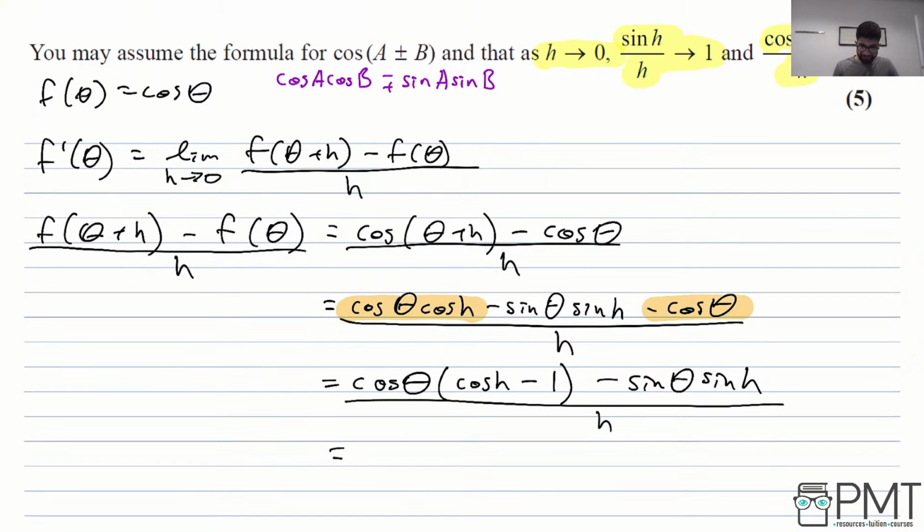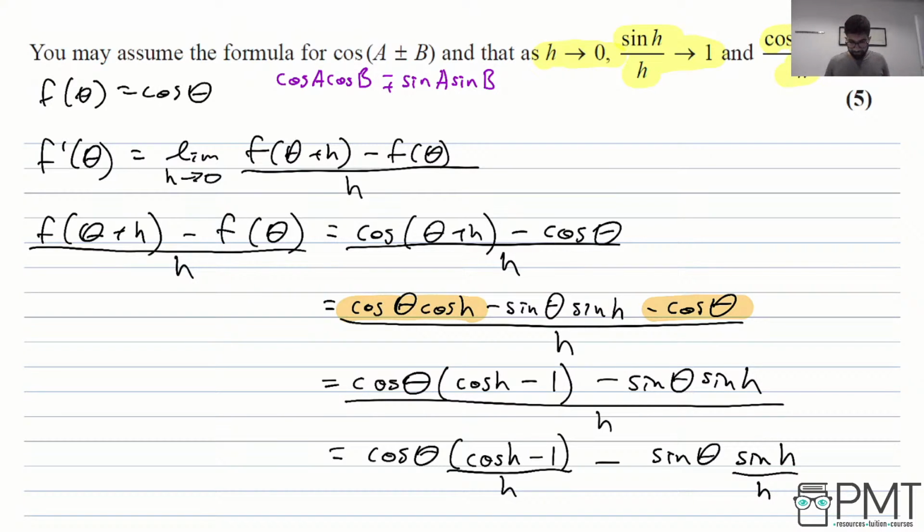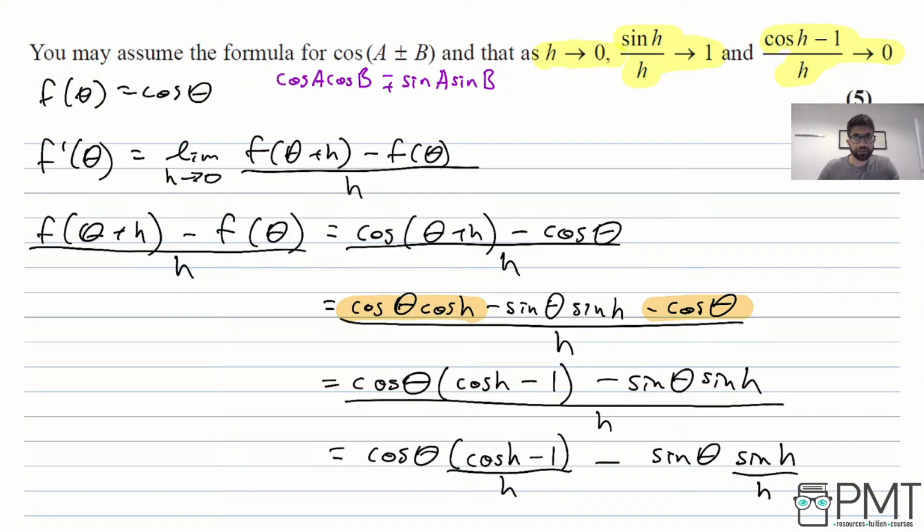We have got cos theta times cos h minus 1 divided by h minus sine theta times sine h over h. So now you can see we have got both of the highlighted expressions.